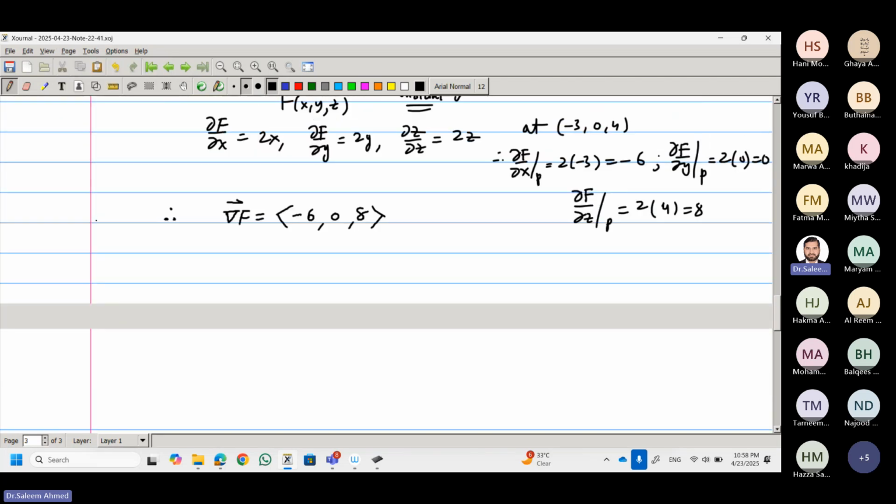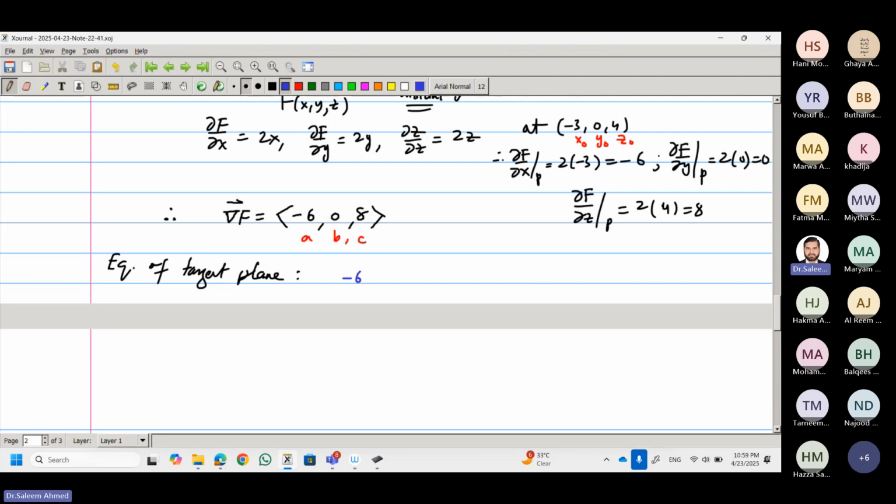So now if I write the equation of the tangent plane, this is my a, b, c, right? And this is my x naught, y naught, z naught. The given point is x naught, y naught, z naught, and the normal vector is this.